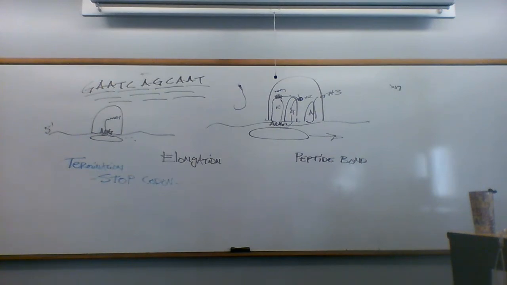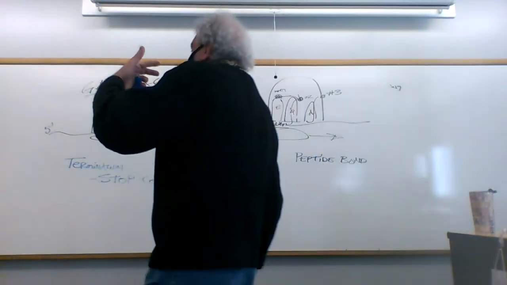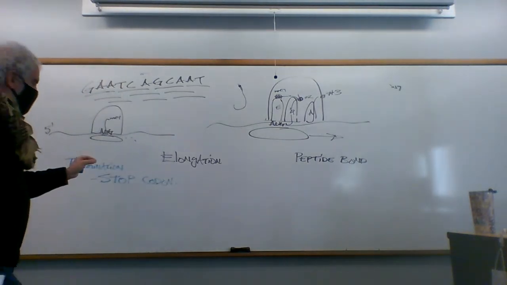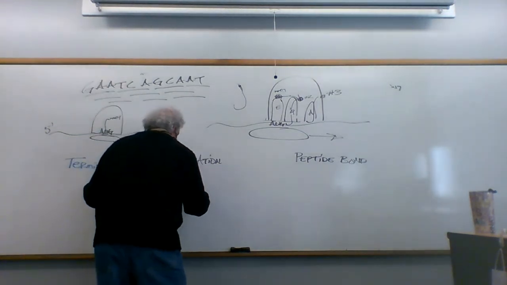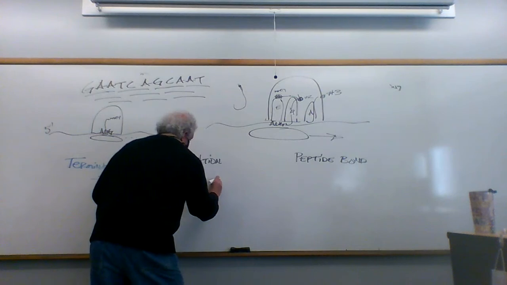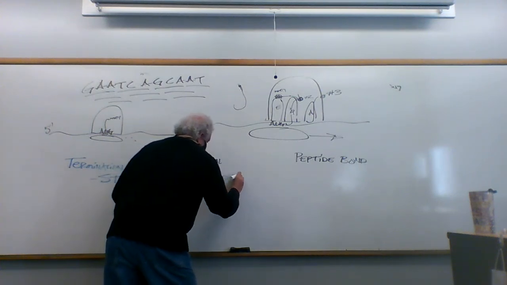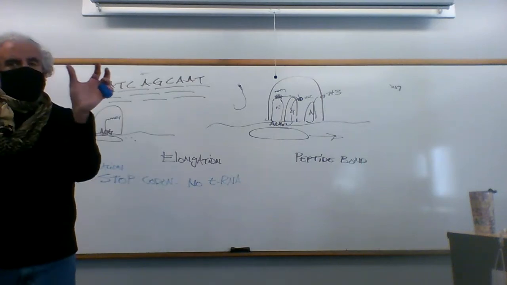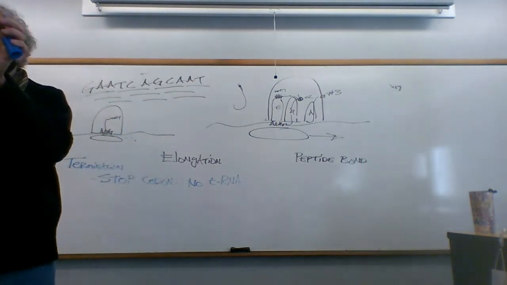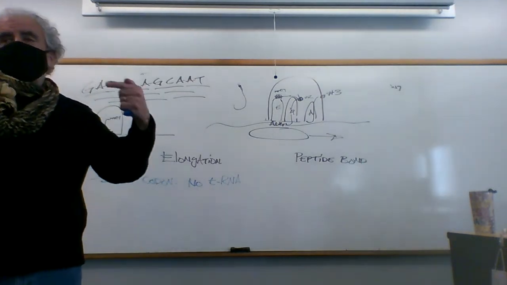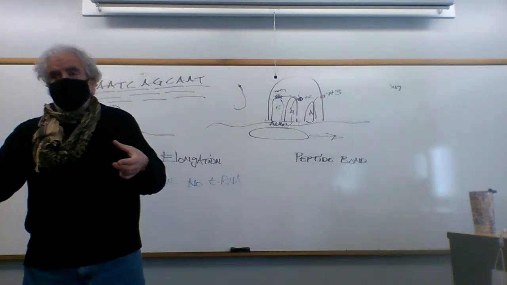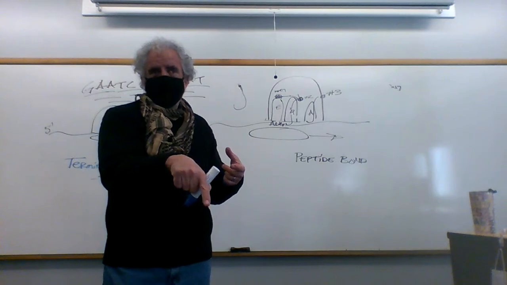There is a set of stop codons. And a stop codon ain't anything special. It is simply a nucleotide combination that has no corresponding tRNA. And so when the ribosome hits at the A site one of these stop codons, it just hangs, it stalls, because there's no tRNA to slam in there.